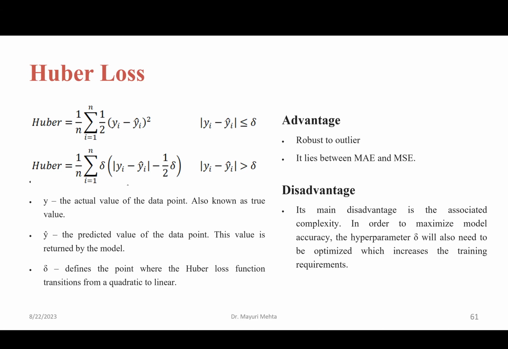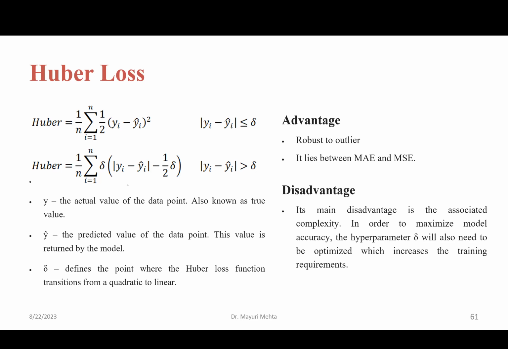This is how Huber loss is calculated, and its advantage is that it is robust to outliers like MAE and unlike MSE. Its performance lies between MAE and MSE.